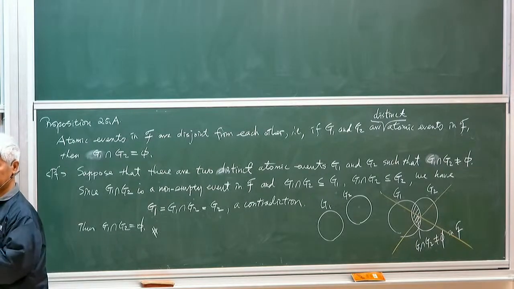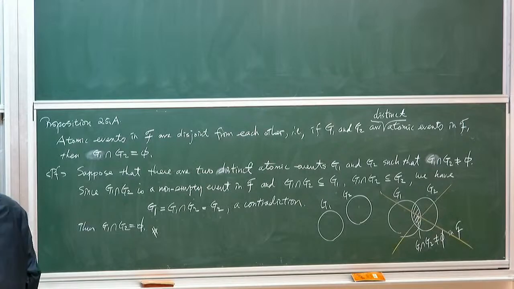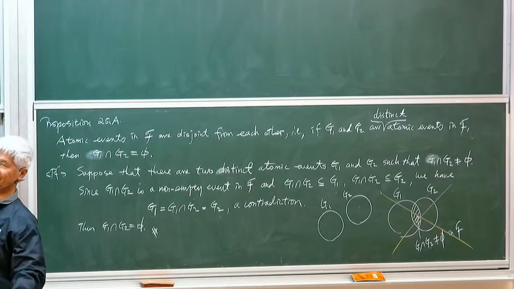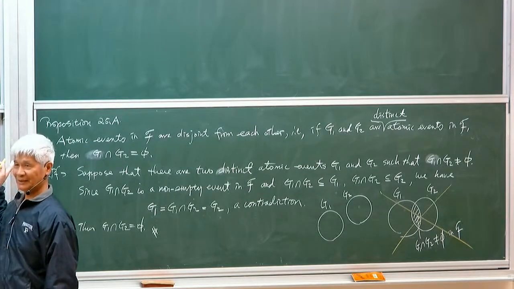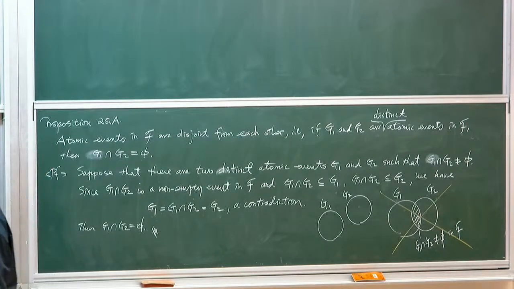They are distinct, and apparently they are disjoint, right? When you take an example, because this is always true, you cannot find two different atomic events that have non-empty intersection. You can't find it, because this is a theorem.